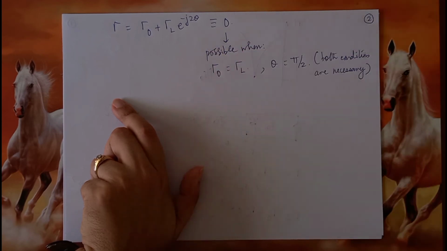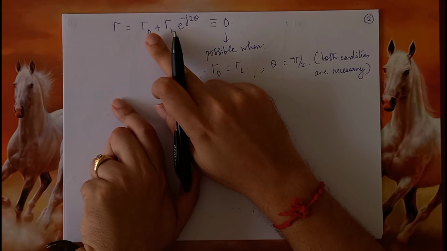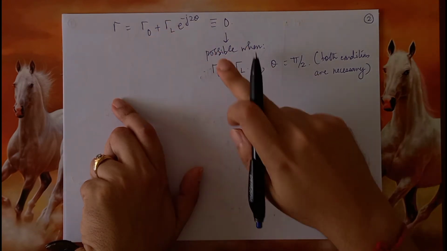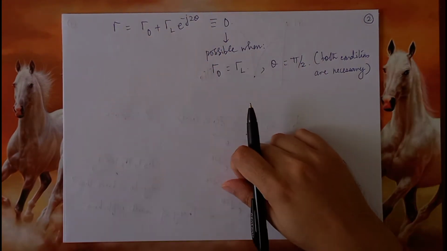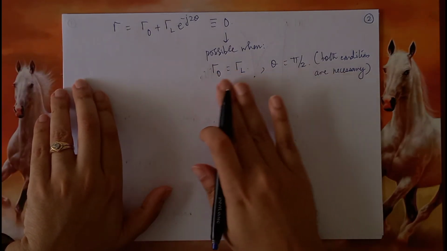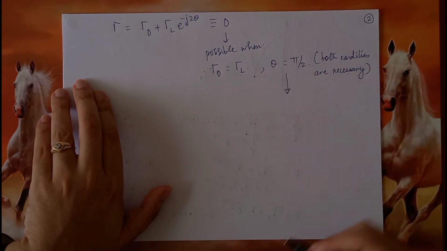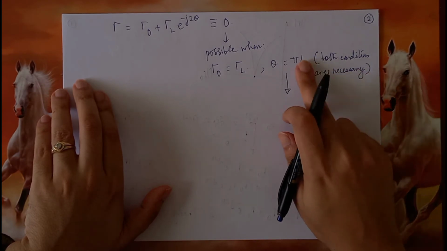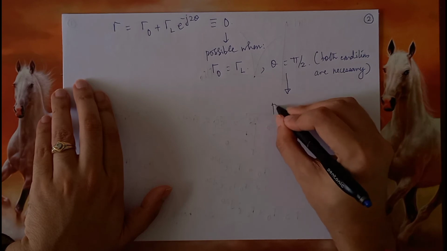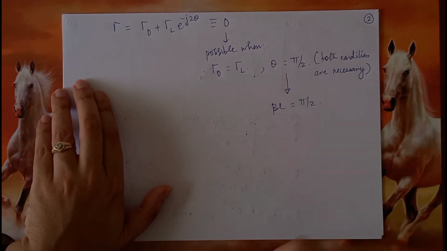Now if this happens, what we essentially have is gamma 0 minus gamma L, and if the two are equal, the gamma essentially becomes 0. So this condition and also the fact that theta equals pi by 2, what does this indicate? If theta is equal to pi by 2, that means the electrical length theta, which is also equal to beta L, is equal to pi by 2.